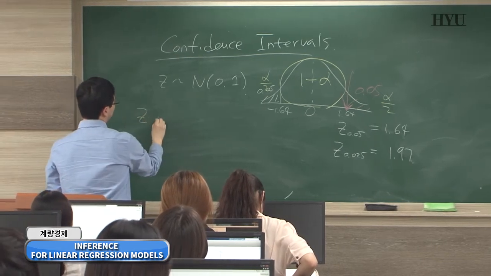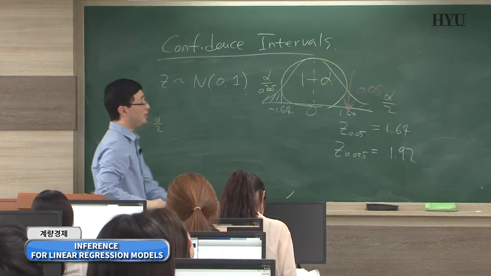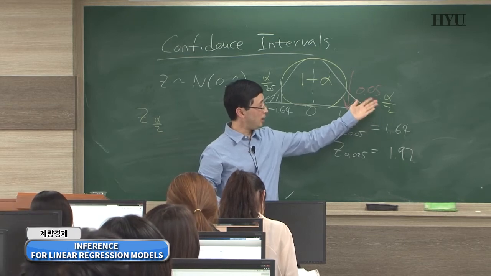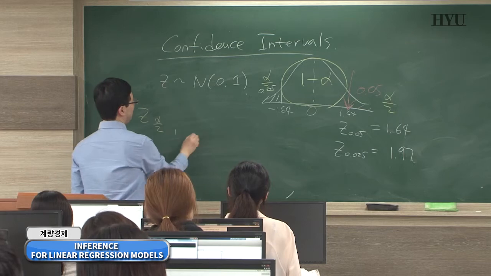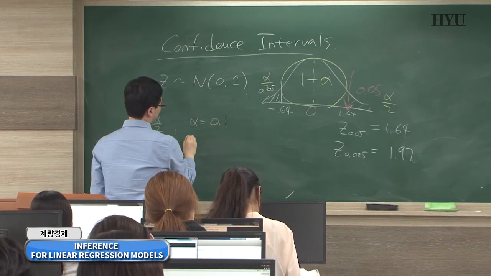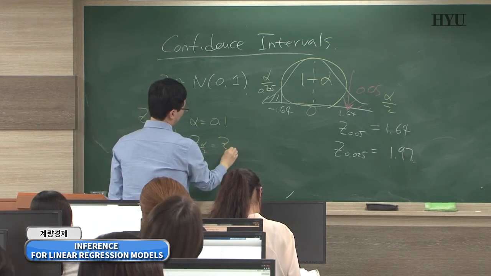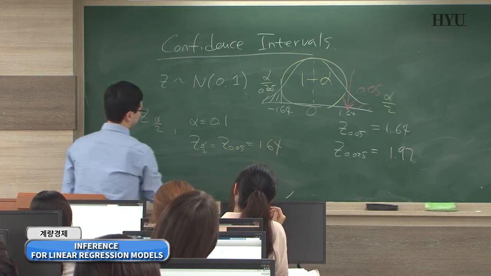And g of alpha divided by 2 is the value of the random variable such that the probability in the tail is equal to half of alpha. For example, if alpha is 0.1, g of half of alpha is g of 0.05, that's 1.64.